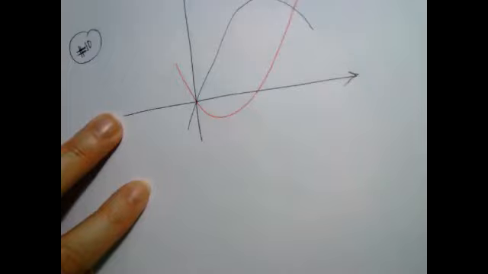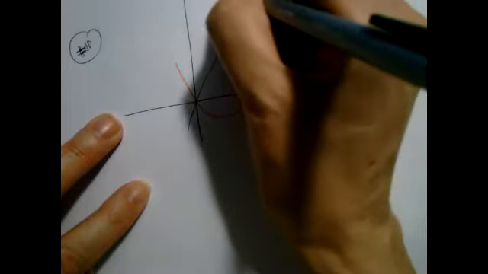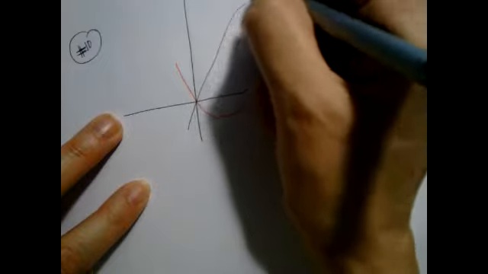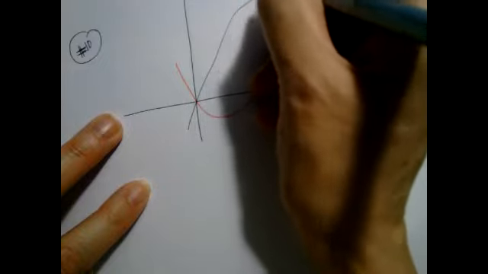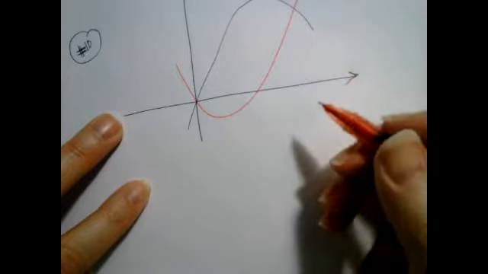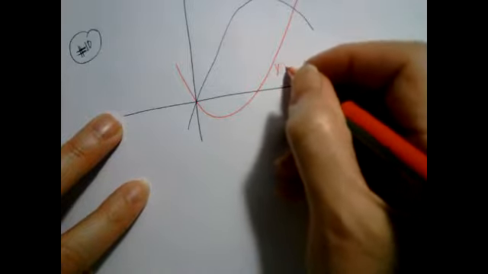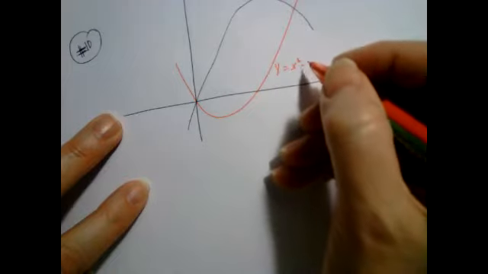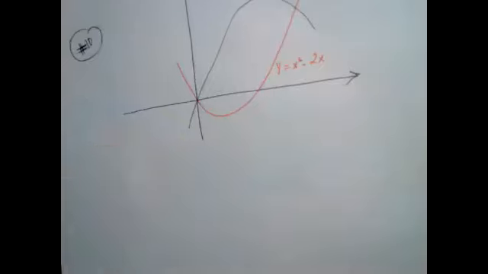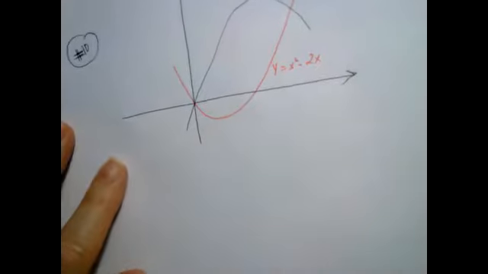The black one is given by y equals minus x squared plus 4x. And the bottom one is y equals x squared minus 2x.